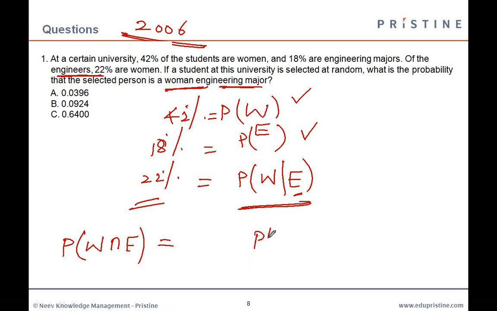Simple joint probability formula: probability of engineering major times the conditional probability of the student being a woman given that she is an engineering major. Simple. Put in the equation, you get 18% here, and it's 22%. The answer would be most likely A, 396.